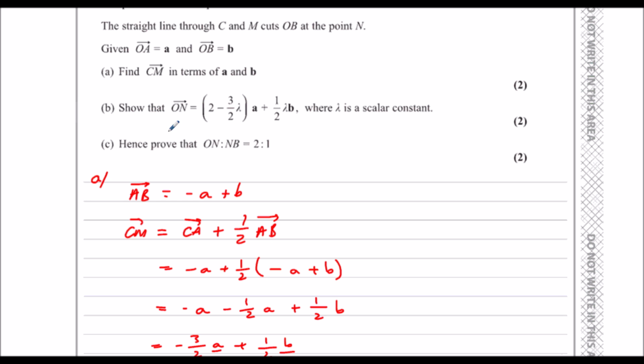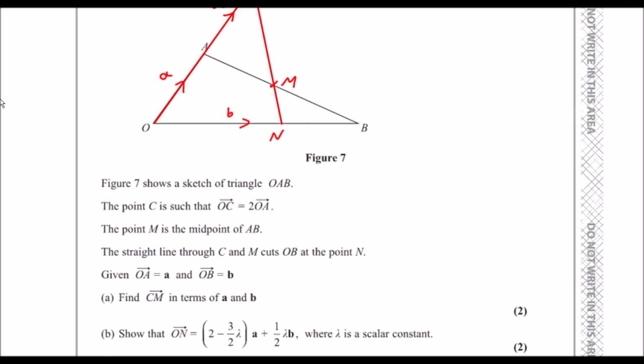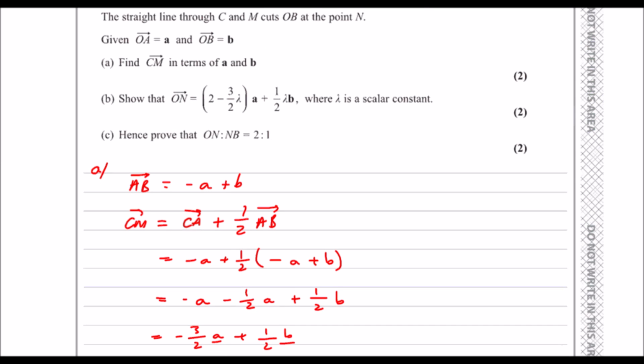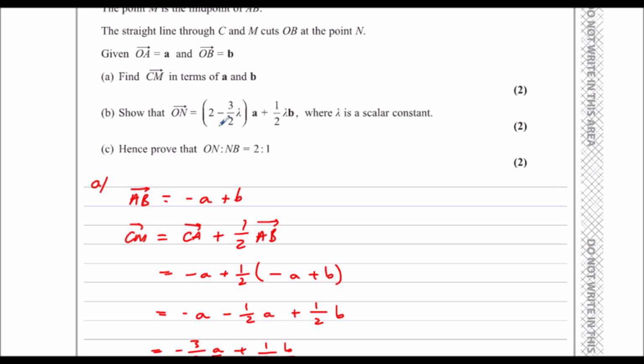And b, show that O to N is 2 minus 3 over 2 lambda a plus half lambda b, where lambda is a scalar constant.